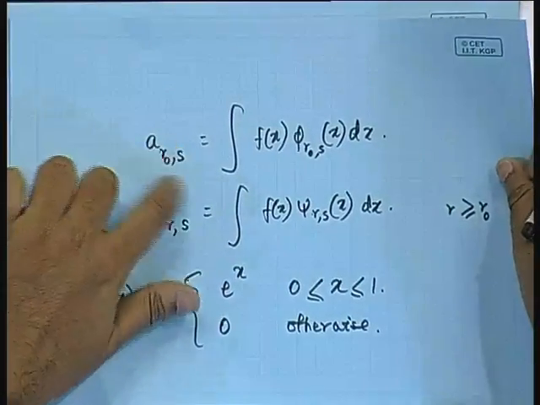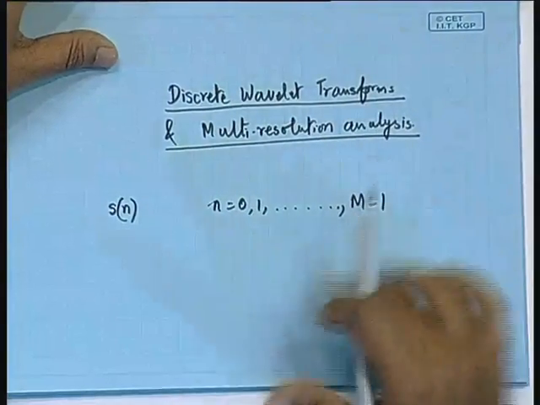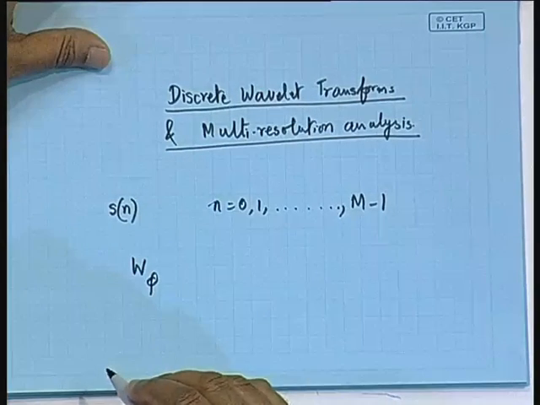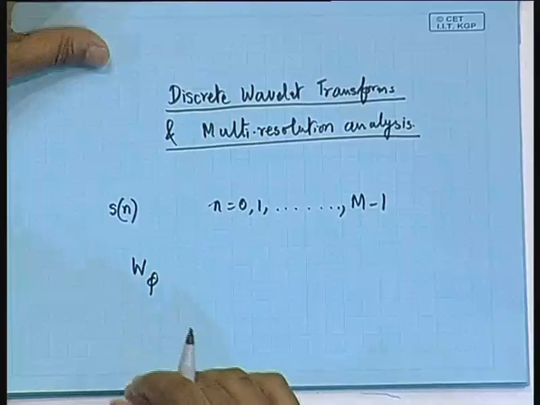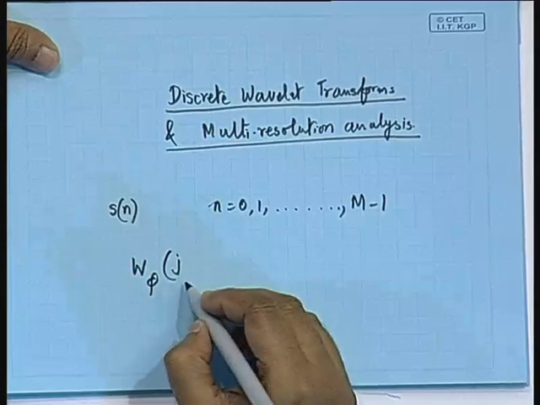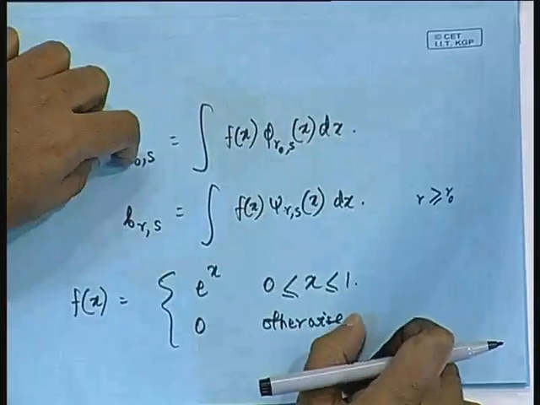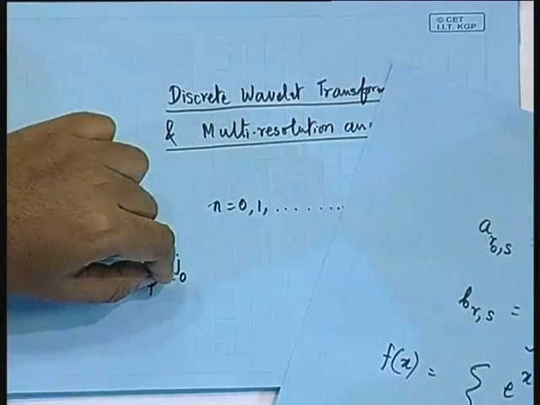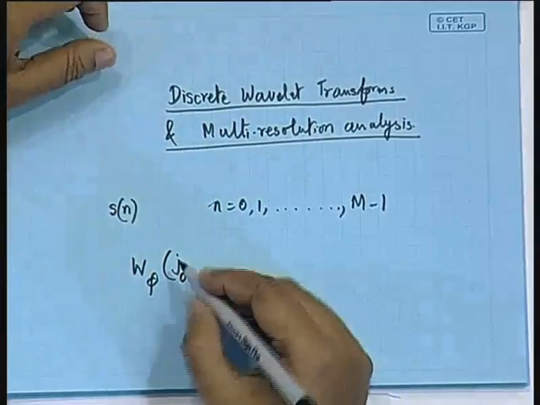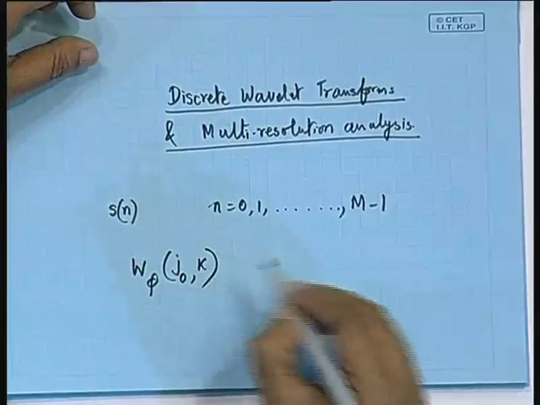So, now instead of writing this as a, the scaling function coefficients, we write it as w and as suffix I use phi, which means that it is associated with the scaling function, and some scaling parameter I take as j 0, just like the way we took r 0. So, w phi j 0 comma, and the shifts, that is s, I am writing that as k.